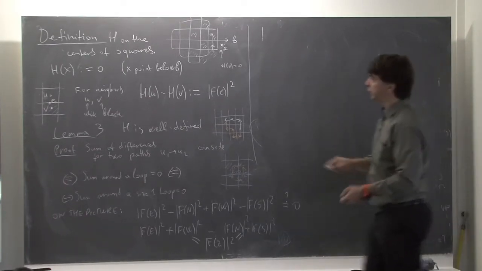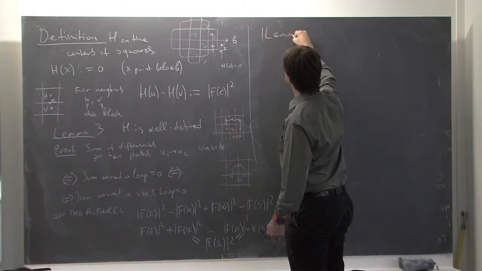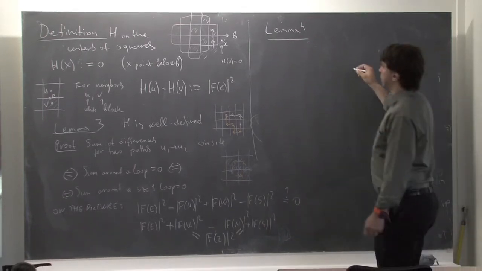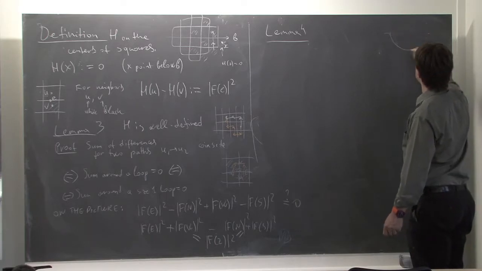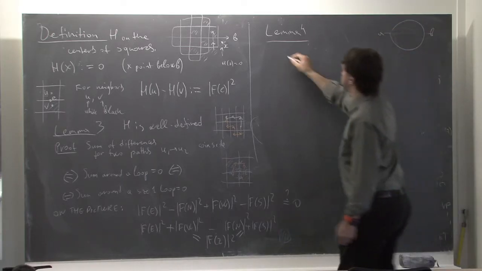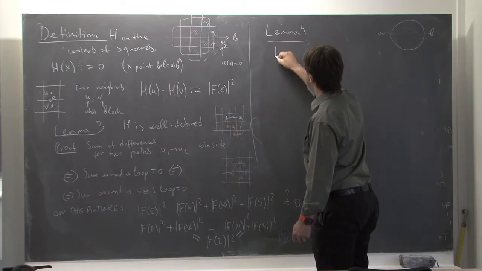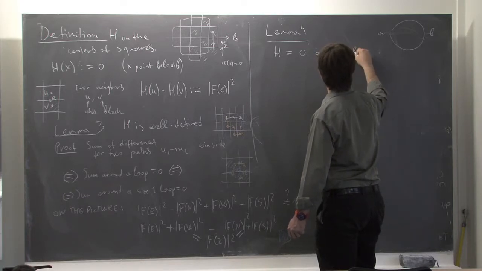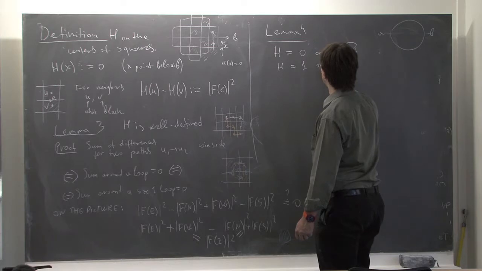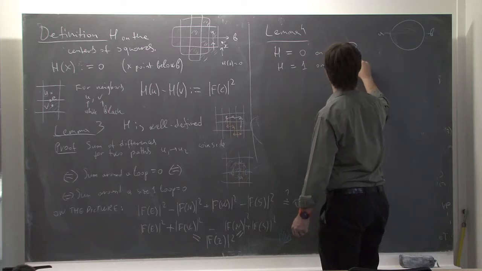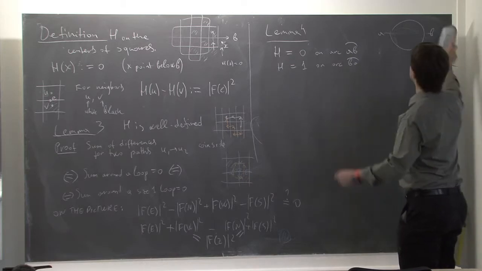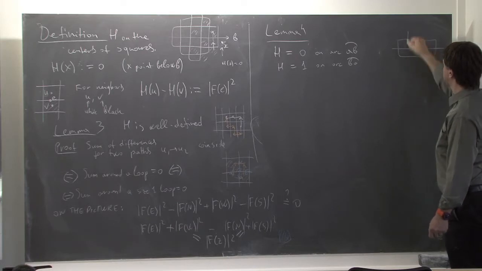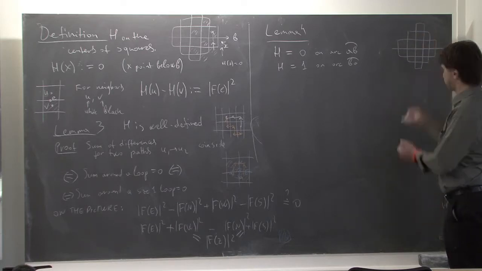Okay. Now the second thing is, what are the boundary conditions? Lemma 4. If this is AB, H is equal to 0 on the arc AB, and H is equal to 1 on arc BA. So maybe if I redraw this picture again.